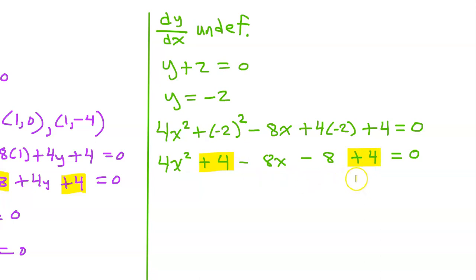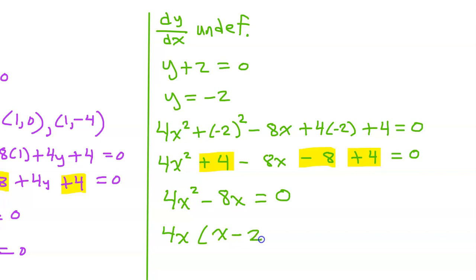That is positive 8. But then we have a negative 8, which means that these 3 terms cancel each other out. So we are left with 4x squared minus 8x is equal to 0. Factoring out the GCF of 4x, we have 4x times x minus 2.